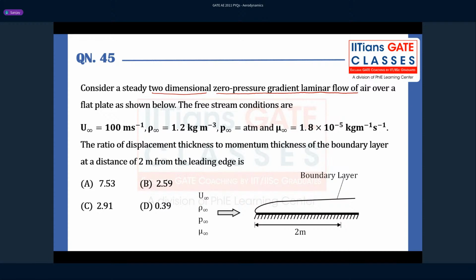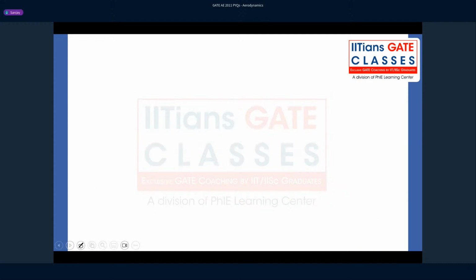The ratio of displacement thickness to momentum thickness of the boundary layer at a distance of 2 meters from the leading edge. So from the leading edge, you are going to have a displacement thickness, you are going to have a momentum thickness. They are asking you what is the ratio. Okay, so how will we find this? Let's see.